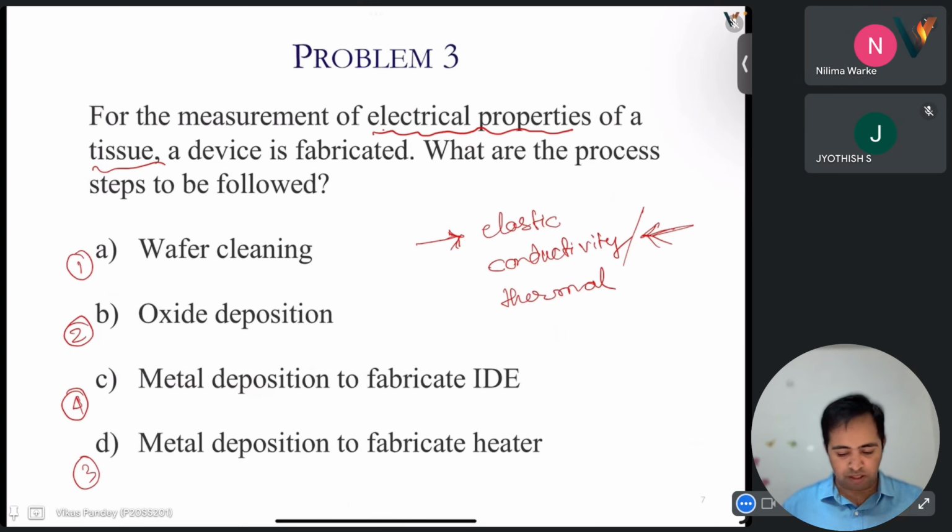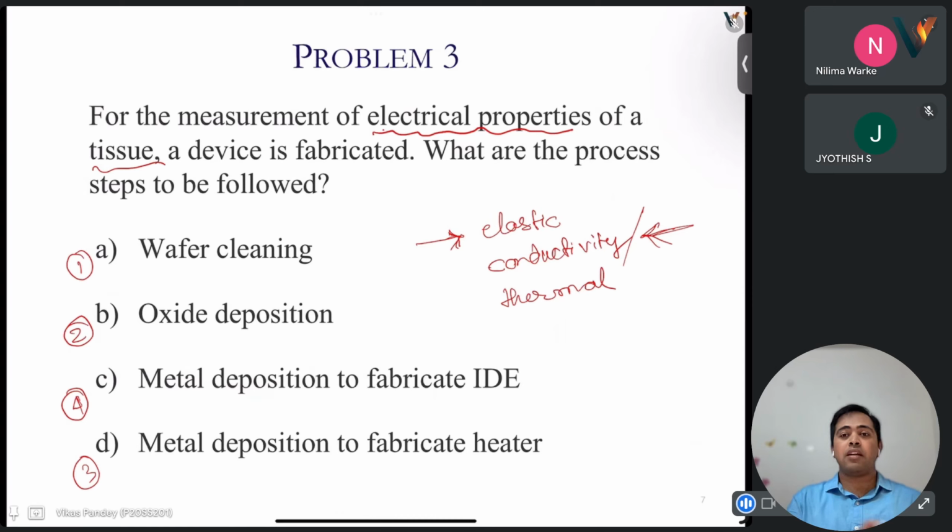I will tell you one second. This is something not everyone will say, but whenever we are talking about fabrication steps, it is very similar to cooking. In cooking also we first go for cleaning the vegetables. So the first and foremost step everywhere will be cleaning.